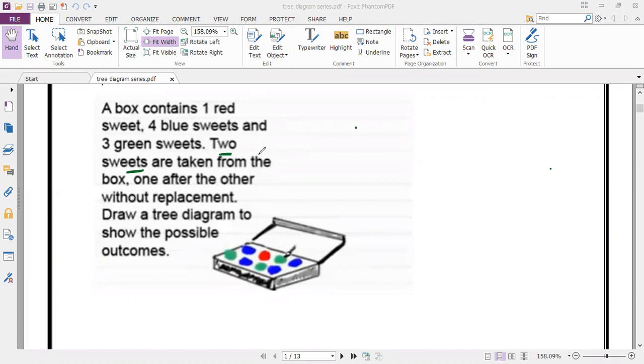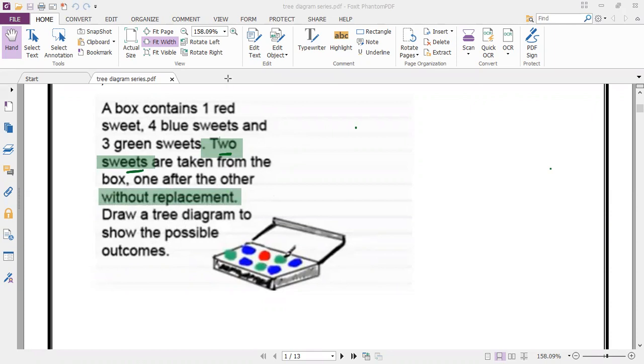Pay attention, without replacement. Draw a tree diagram to show the possible outcomes.